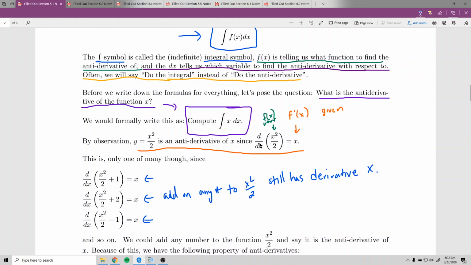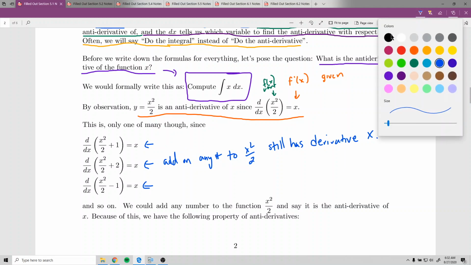So for example, not only is x squared over 2 an antiderivative, x squared over 2 plus 1 is, x squared over 2 plus 2 is, x squared over 2 minus 1 is, and any number in between: fractions, decimals, pi, e, literally any number. Because when we do the derivative of those, that just goes away.